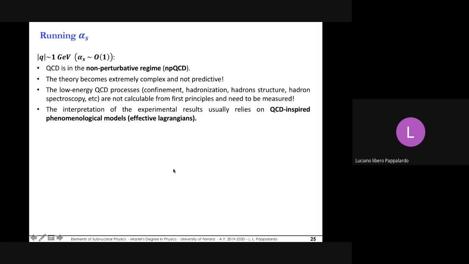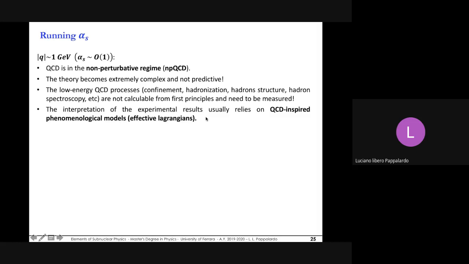The interpretation of the experimental results usually relies on models, so on QCD-inspired phenomenological models. The Lagrangians that are typically used are called effective Lagrangians because they have many ingredients of the QCD Lagrangian, but they put some model assumptions inside. You cannot use first principles to make predictions on all these low energy phenomena.